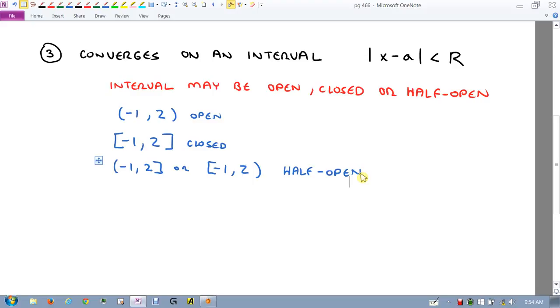A little bit more about this here. The capital R is called the radius of convergence.